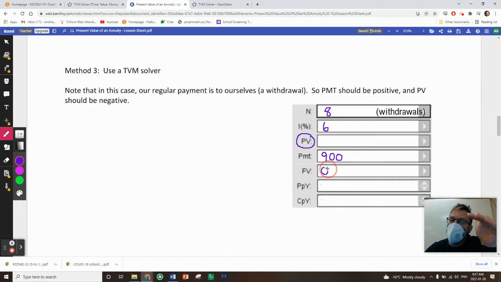So FV is equal to 0. As usual, like yesterday, P/Y and C/Y should always match. He is making 12 withdrawals per year, and interest is being calculated 12 times per year. So I'd love you guys to slam those things in.